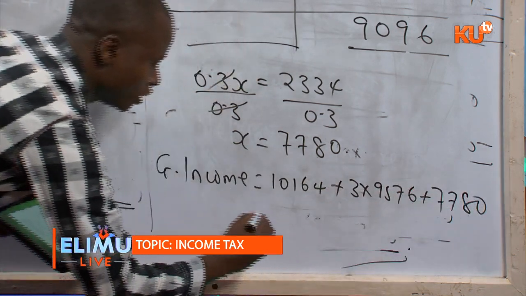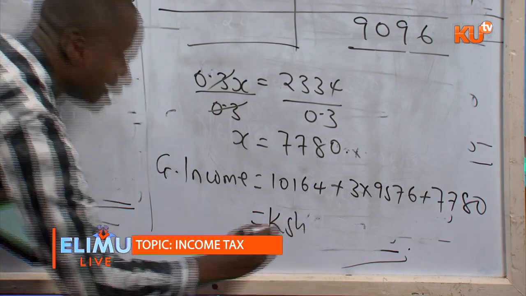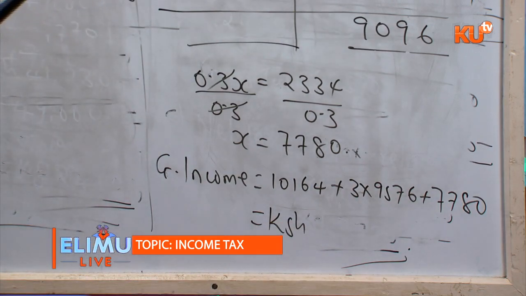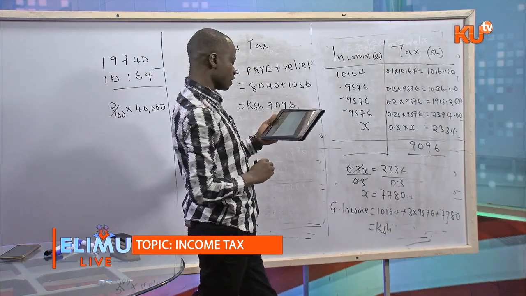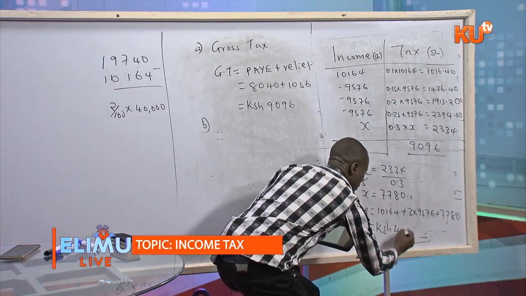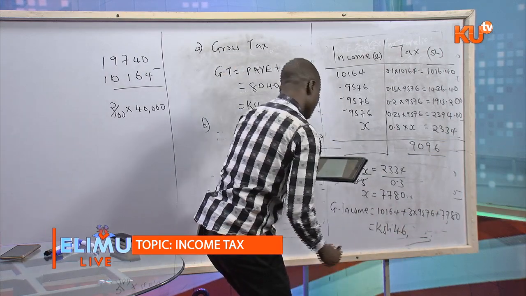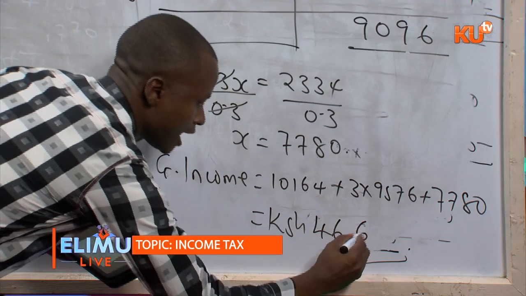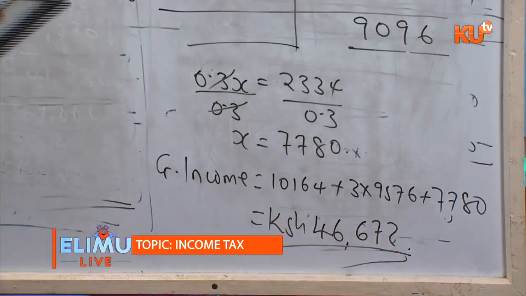So if you add all these, you get your gross income in Kenyan shillings as 46,672. That is the gross income.